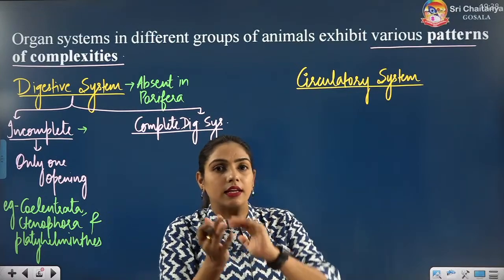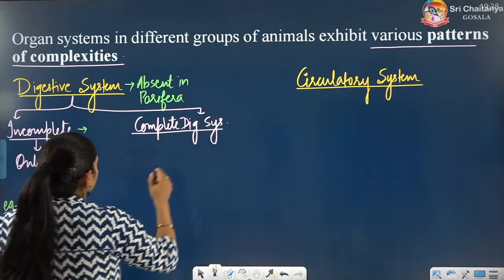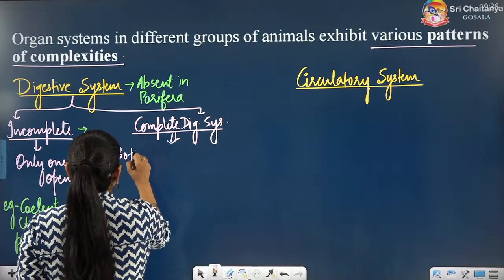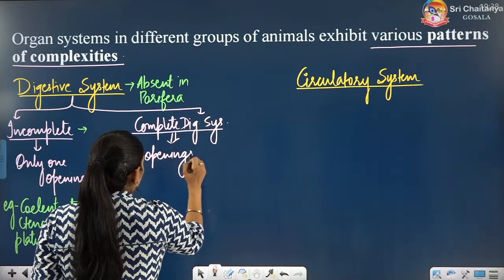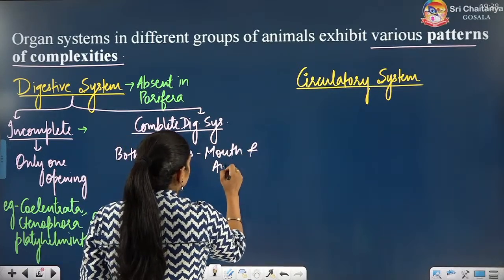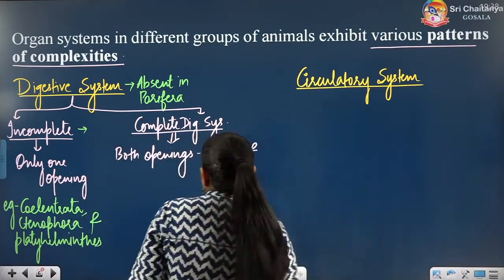In complete there are both openings: two separate openings, mouth as well as anus. Now let me tell you the examples.